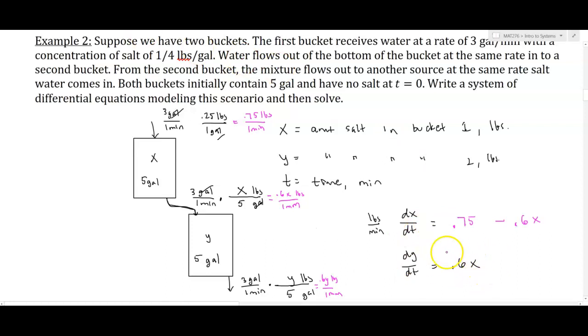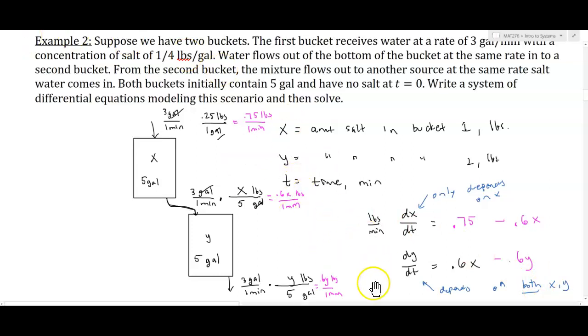And then lastly, I will just subtract away that 0.6y here. And you can see now that we have a decoupled system. A partially decoupled system. That is, we notice that the rate of change of x, dx dt, only depends on x, but dy dt depends on both x and y.